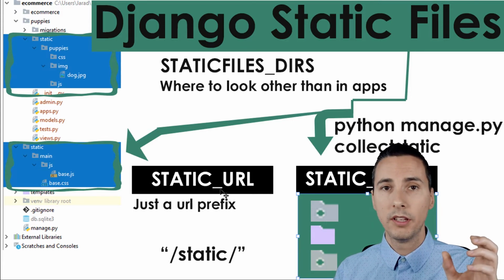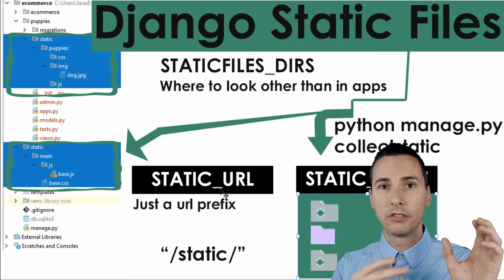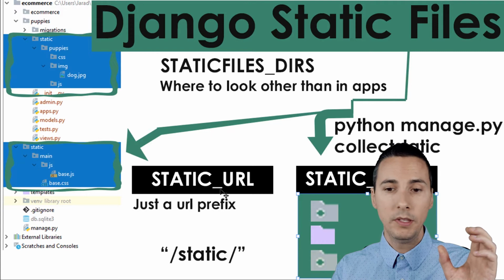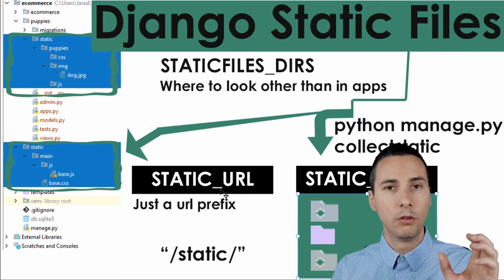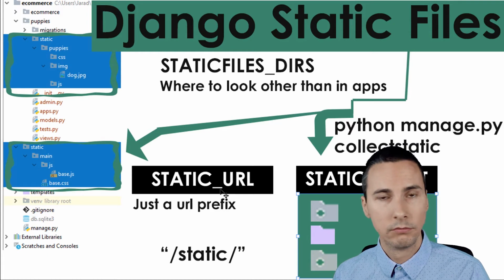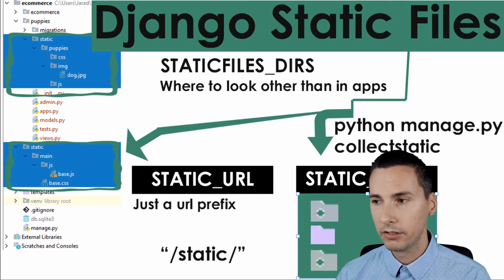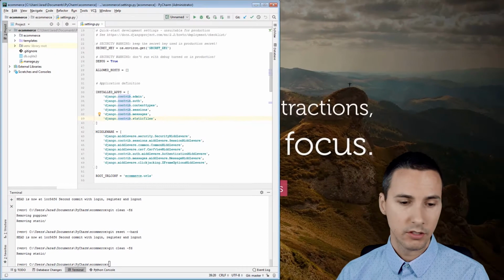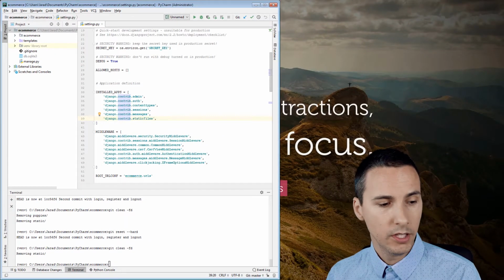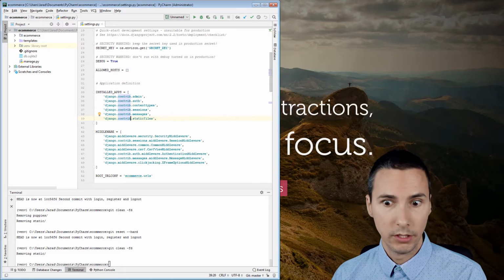But you could also name it something like assets slash whatever, like assets slash puppies slash CSS slash base.css. So that's all that static URL is. It's just a URL prefix to your static root. Okay, I've just explained that. Hopefully it made sense, but if it didn't, we're going to look and see how we can really understand this.